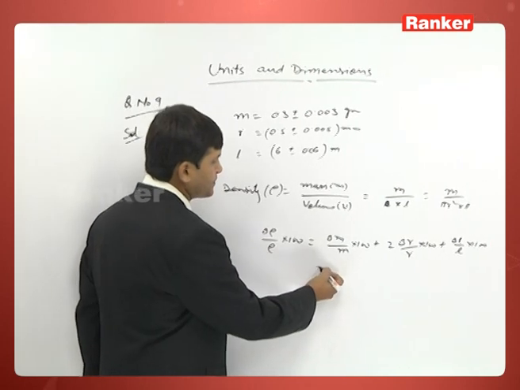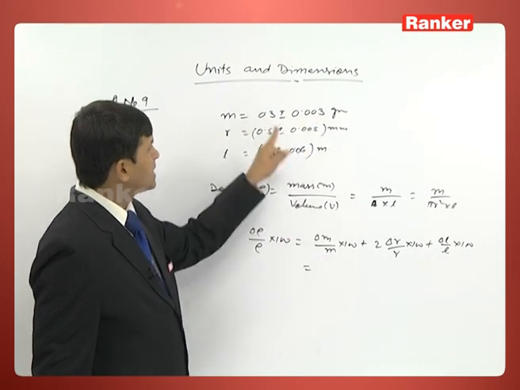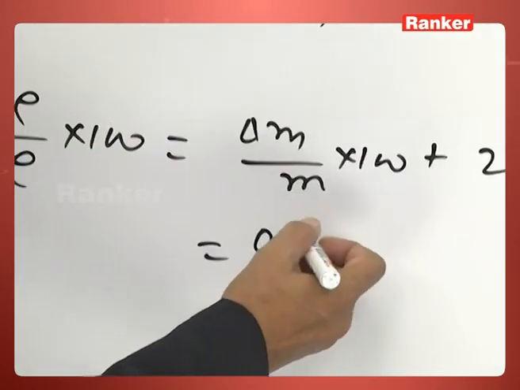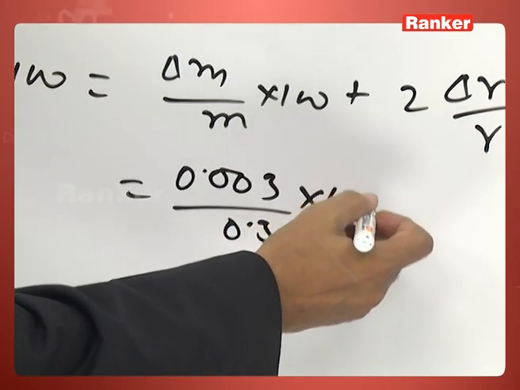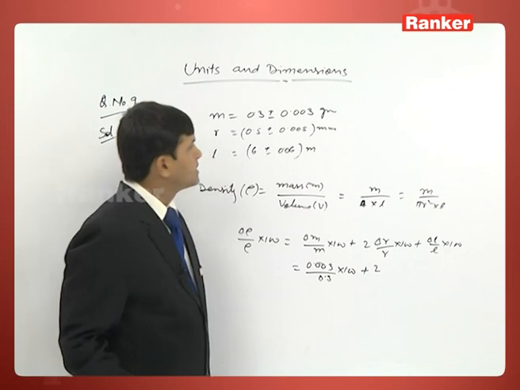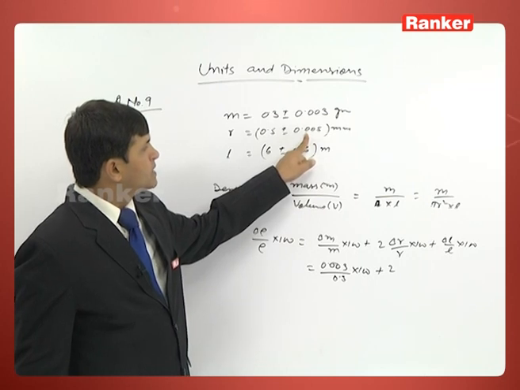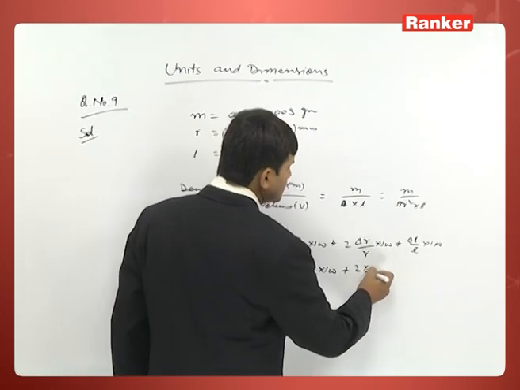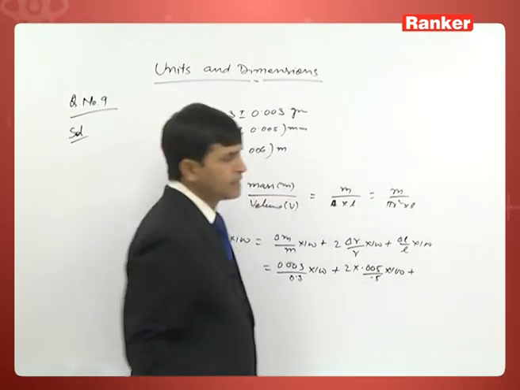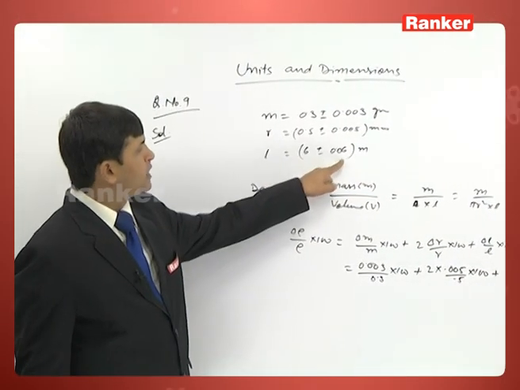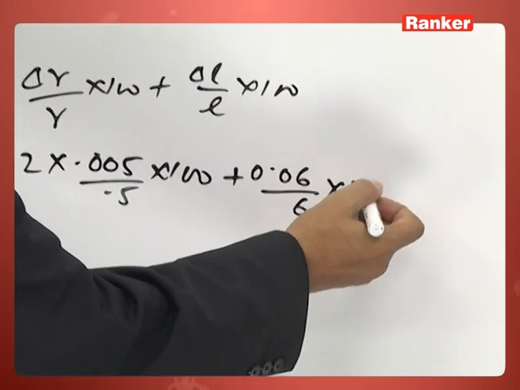Now substitute the values. Delta m, the change in the mass, 0.003 by mass 0.3 into 100, plus 2 times delta r, the error in the radius, 0.005 by 0.5 into 100, plus similarly the percentage error in the length, 0.06 by 6 into 100.